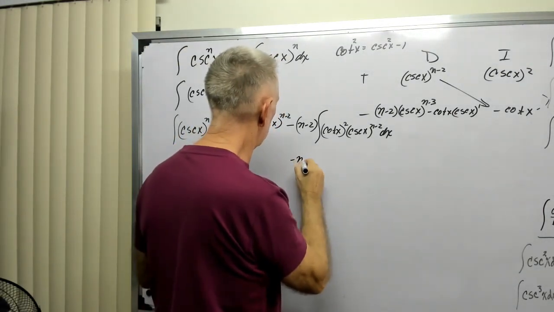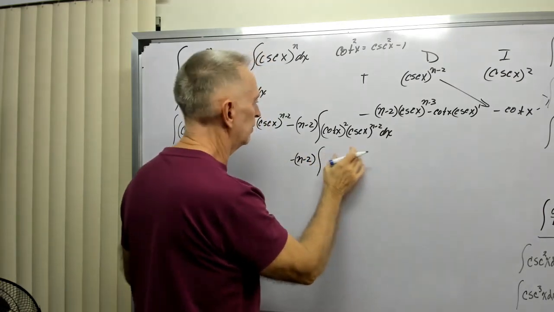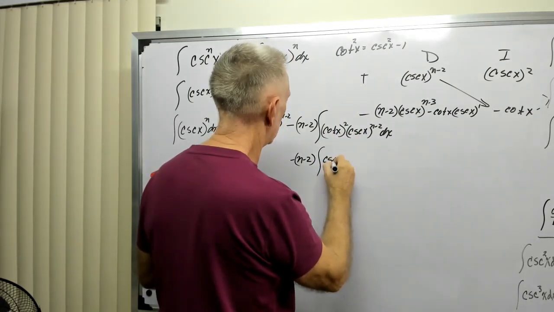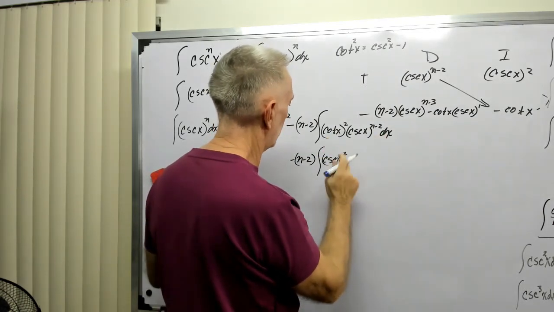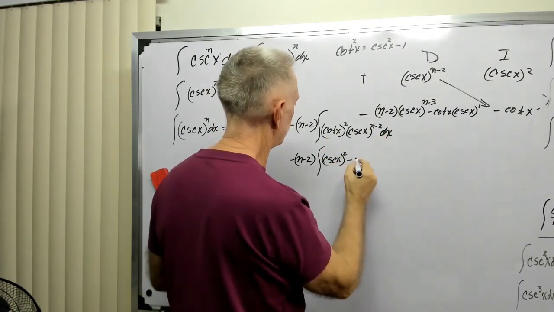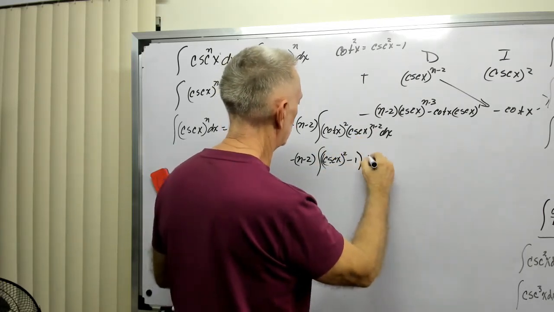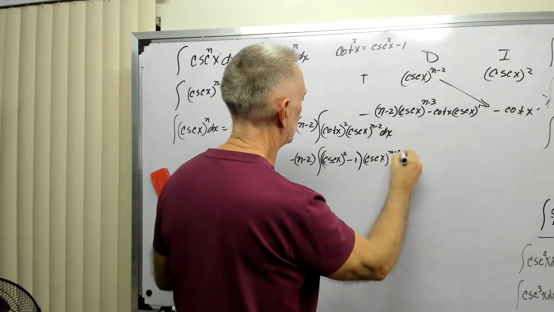So I have n minus 2 times the integral of cosecant squared x minus 1, in brackets, times cosecant x to the n minus 2 dx.